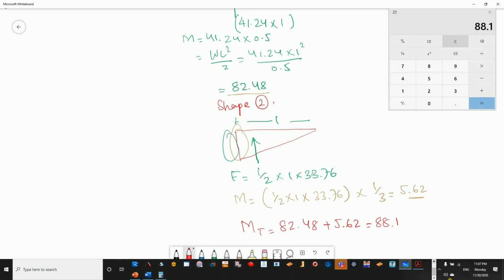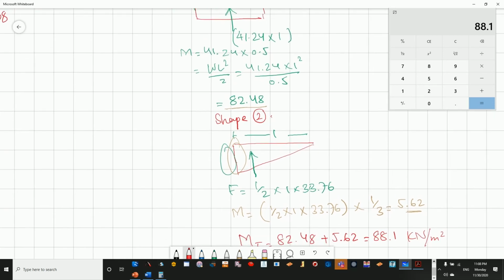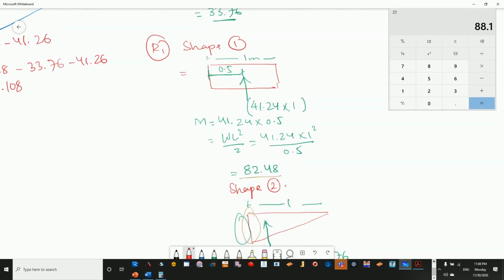Okay, now if you are calculating it for 1 meter, we can keep it the same. If you are calculating the bending or the reinforcement for 2 meters of width, you can multiply it directly by the width. Okay, both answers can be accepted.